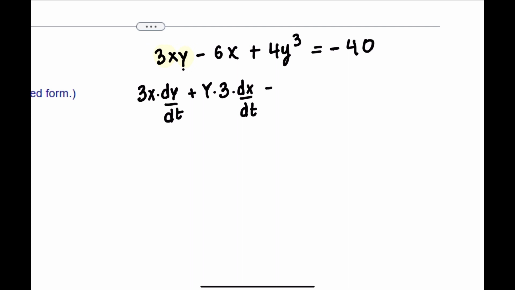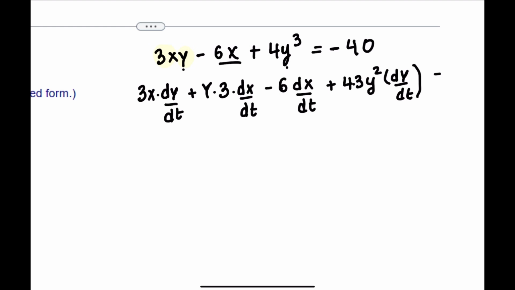Differentiation of negative 6x is negative 6, but with respect to t, so dx by dt, plus 4 times differentiation of y cubed is 3y squared, but with respect to t, so dy by dt. And the differentiation of a constant is 0.